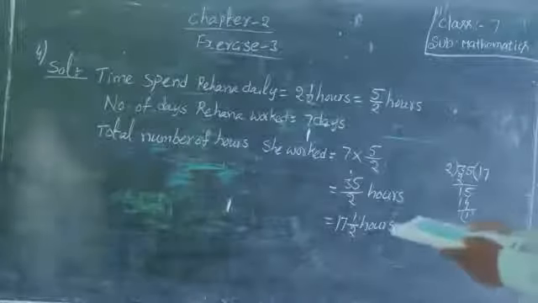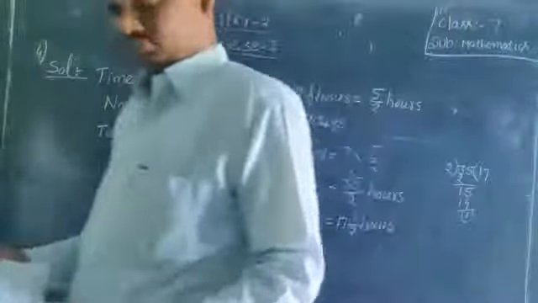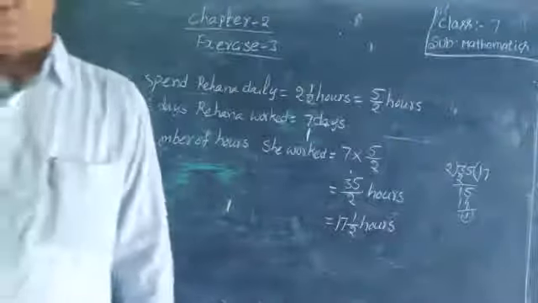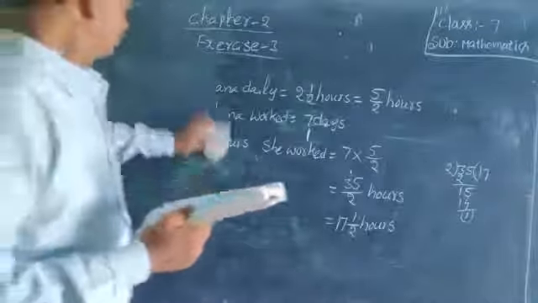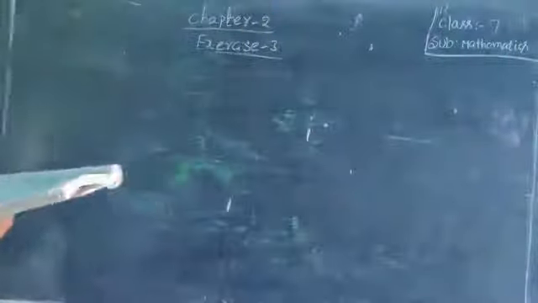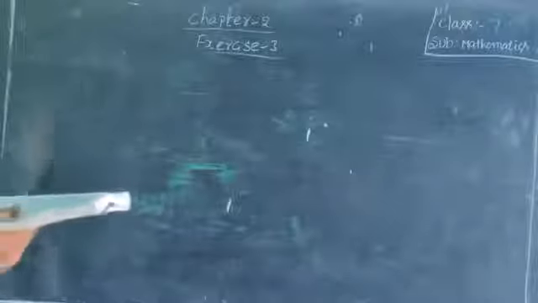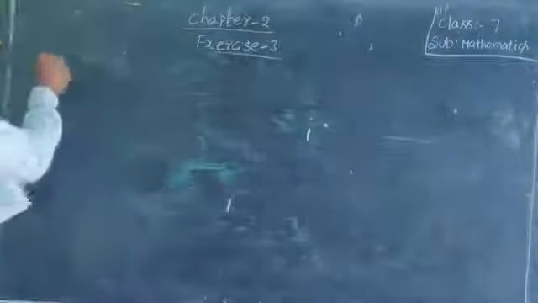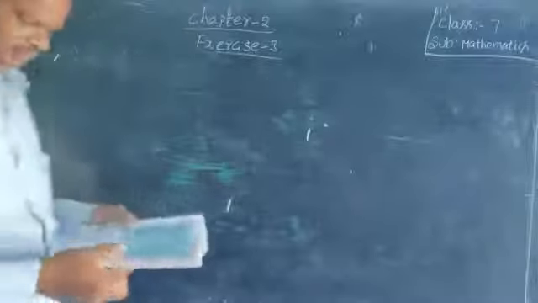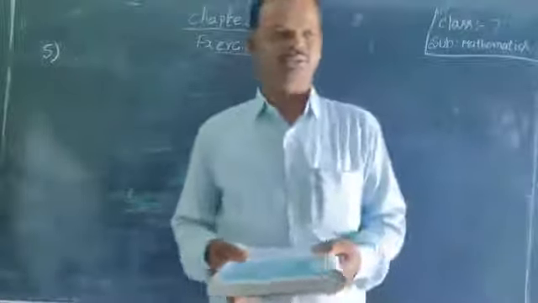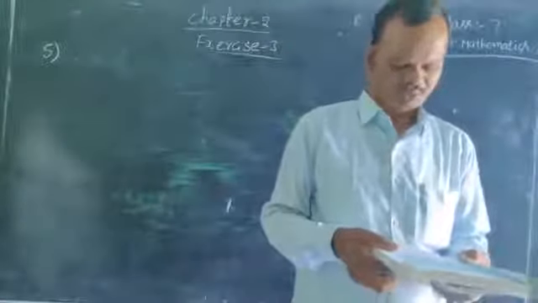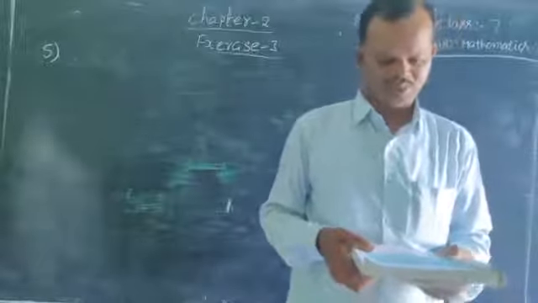Next, write the fifth sum. Fifth one: a truck runs 8 kilometers using 1 liter of petrol.